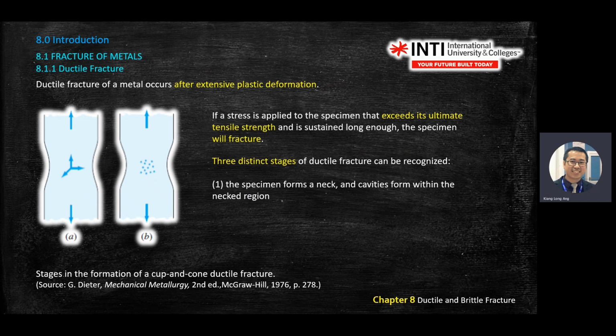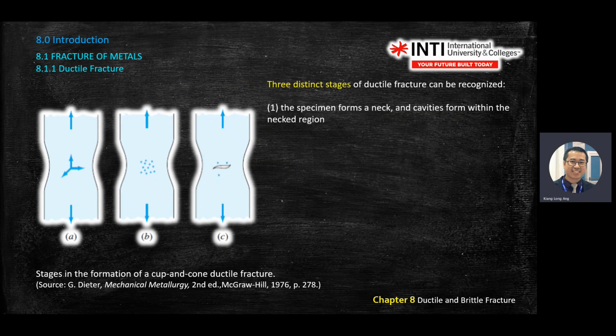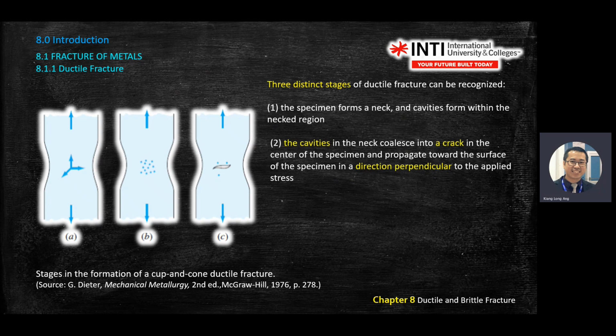So there are three stages. First, the specimen forms neck cavities. A cavity is a hole, so this is called a cavity within the neck region. Then the cavities join together. All these bubbles join together and become a bigger hole, or they call it a crack. The crack direction is perpendicular, in the lateral direction, perpendicular to the force direction.